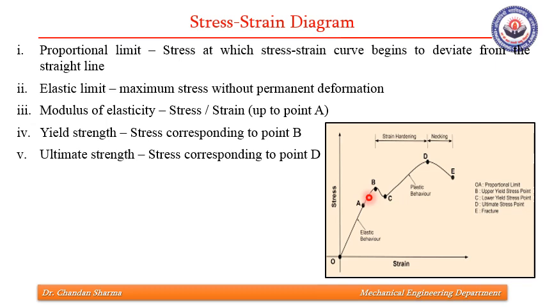This is called yield strength or yield point strength, which corresponds to point B. This is the upper yield point and this is the lower yield point. If we further increase the load, we'll get a point D, which is the point at which stress is maximum, and beyond that the failure starts.